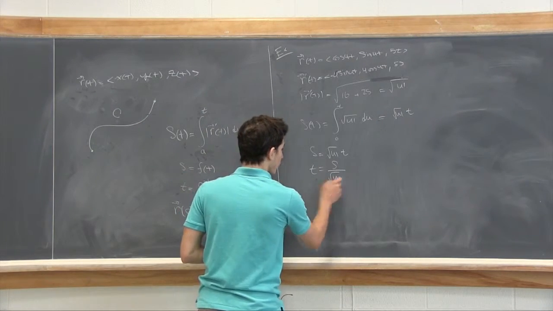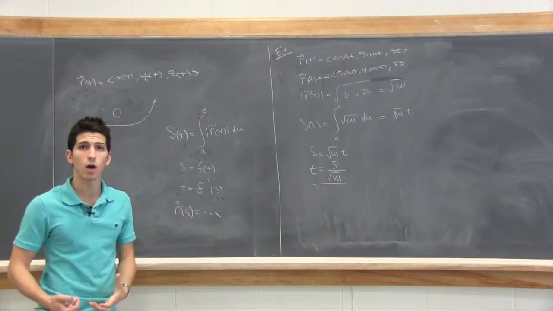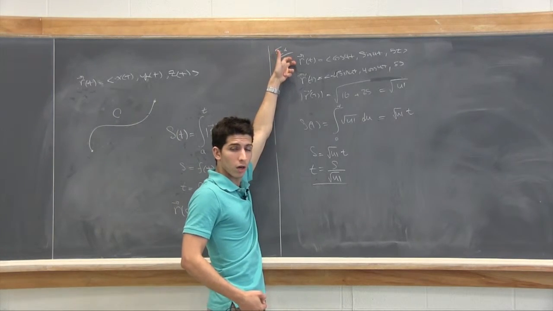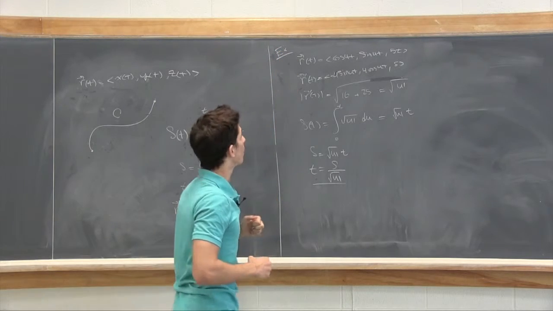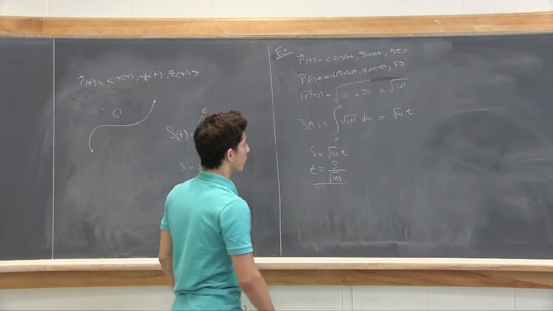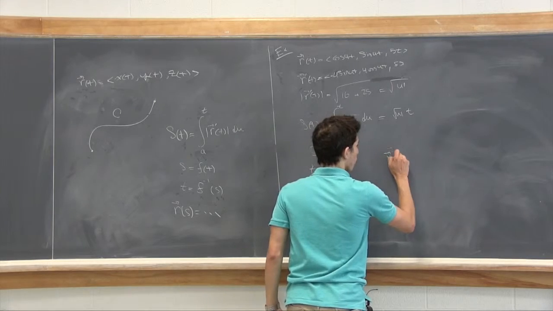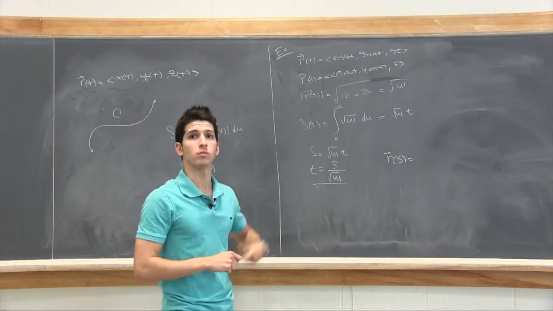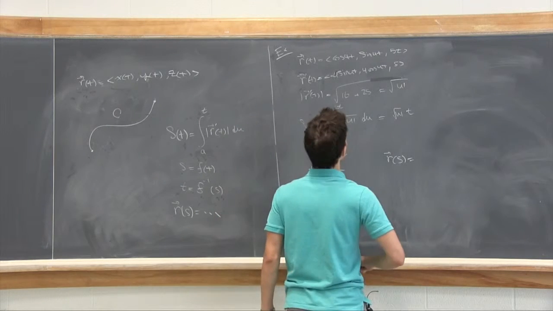Now that we have the expression for t in terms of s, we're going to substitute it into the original expression for our curve, and we're going to get r of s, not t, because the whole point was to make this in terms of s.